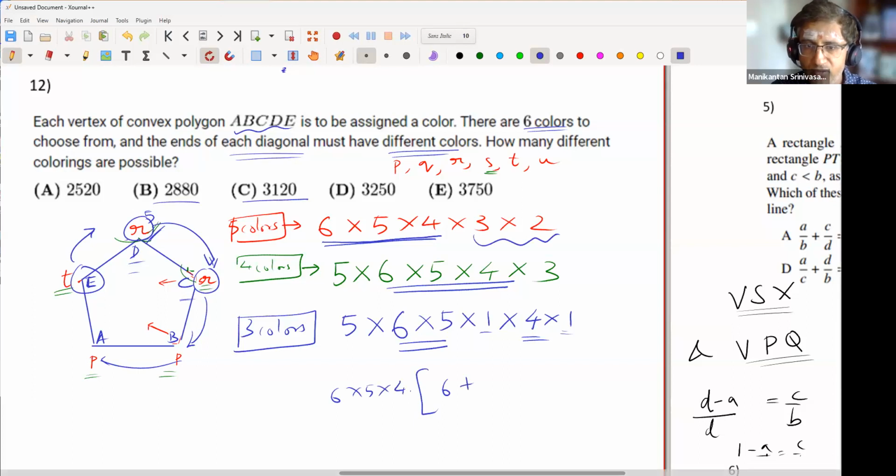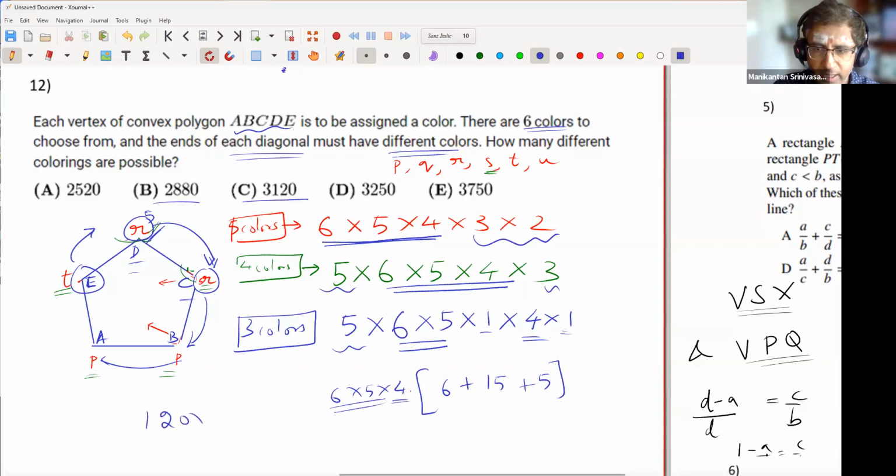I have a 5 here. Right? So how much is this? 30, 120. 120 into 26. Okay, so does it match? 12 6s are 72, 7 carry, 12 2s are 24. Yeah, 3120 indeed.